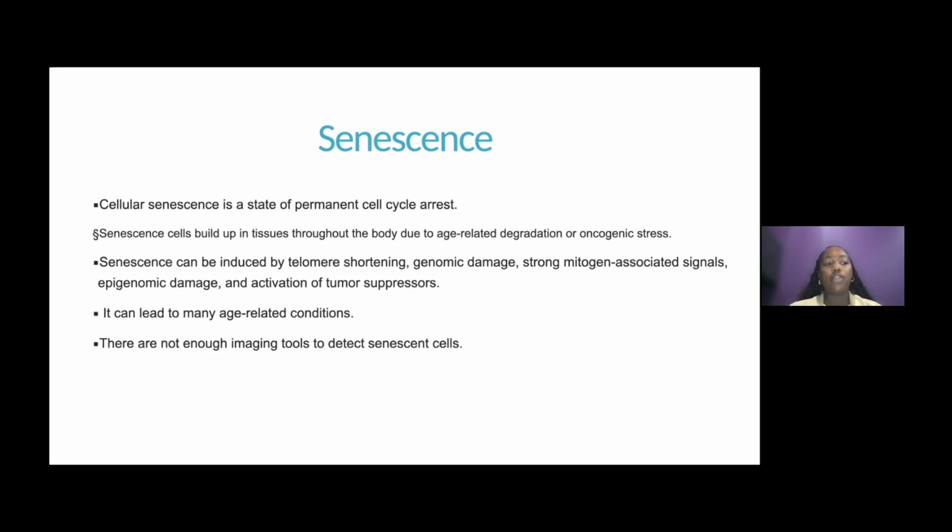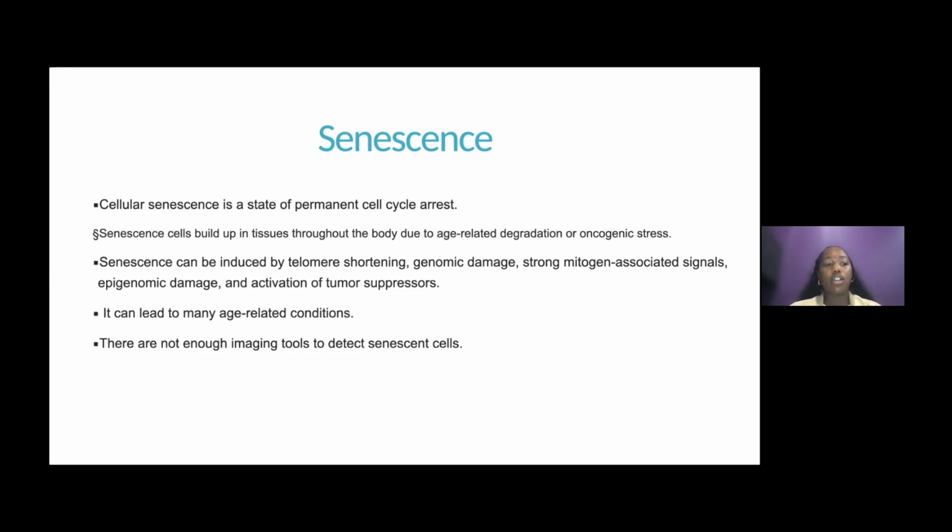So first, I want to go over some key terms that are the focus of this research. And these concepts are what I studied and the main focus of my research review paper. First, senescence. Cellular senescence is a state of permanent cell cycle arrest. Senescent cells are very unique because they will eventually stop multiplying, but they do not die.